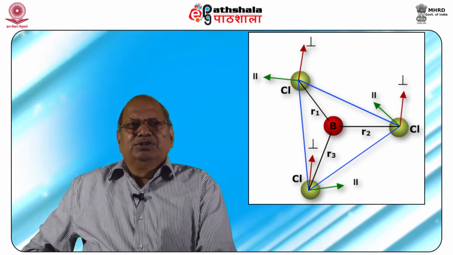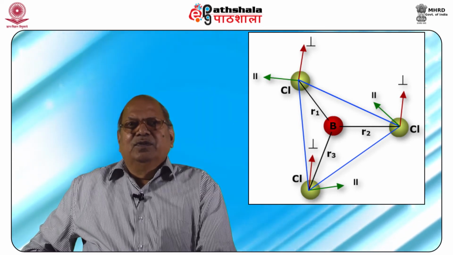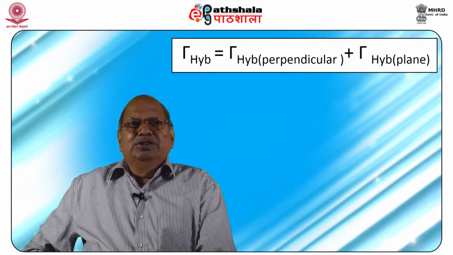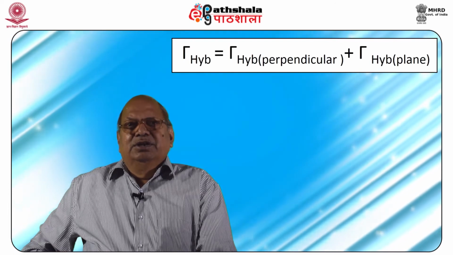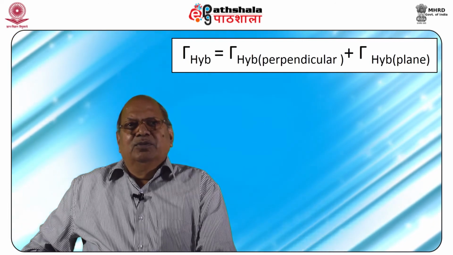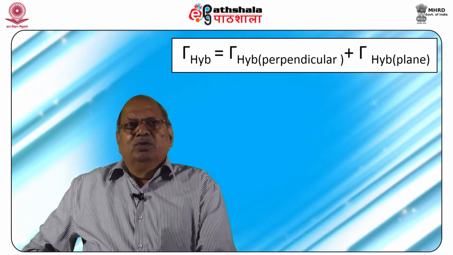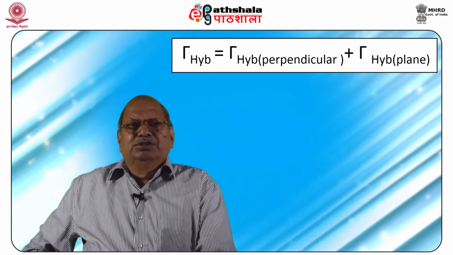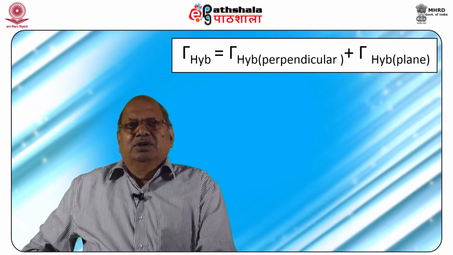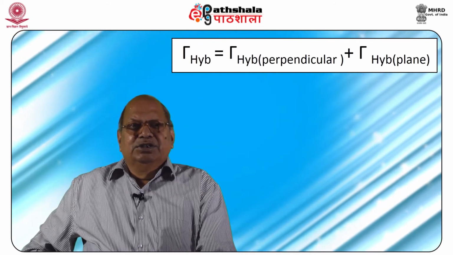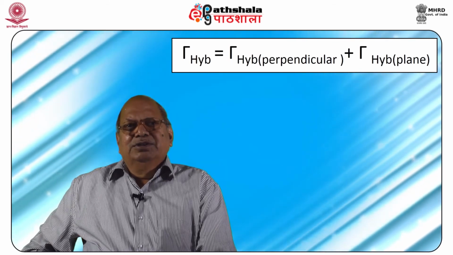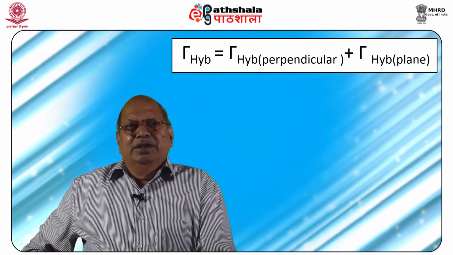Thus, we have two distinct sets of vectors which form two distinct reducible representations. One set is 3 perpendicular vectors, another set is 3 vectors in the plane of the molecule and perpendicular to the B-Cl bond. Thus, the problem can be easily solved by taking two distinct sets as the basis for representation, or I can say Γ hybrid equals Γ hybrid perpendicular plus Γ hybrid in plane.